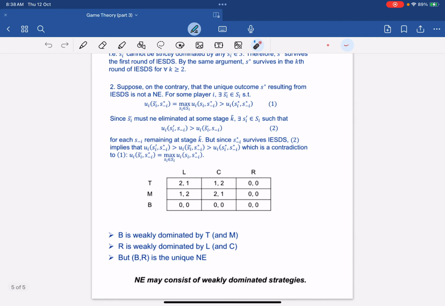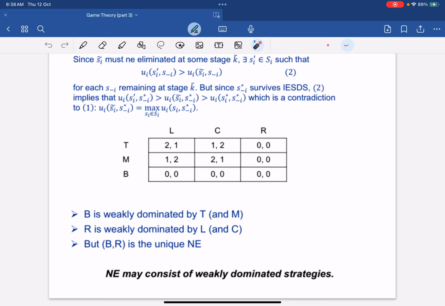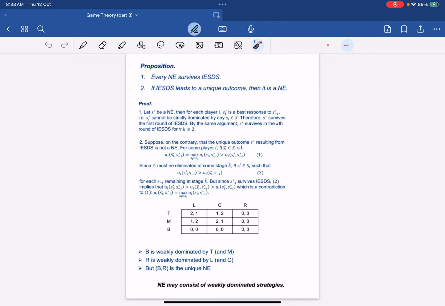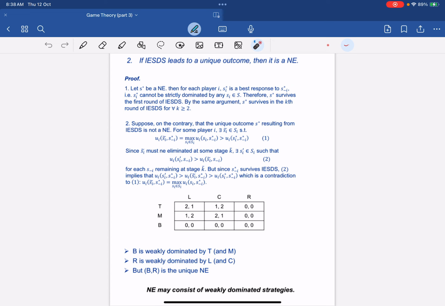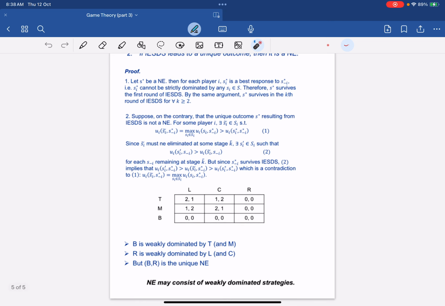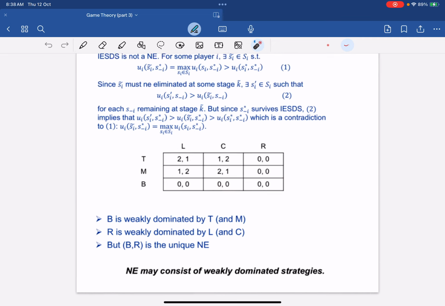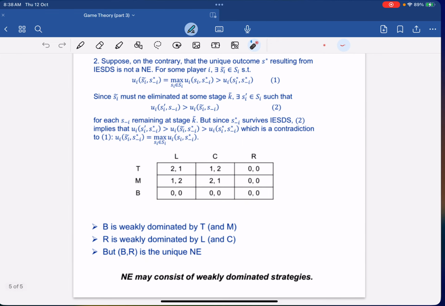But the problem is now, even though that's the case, even if you know that there is a Nash equilibrium, there may not be a unique IESDS outcome. So this example shows it.